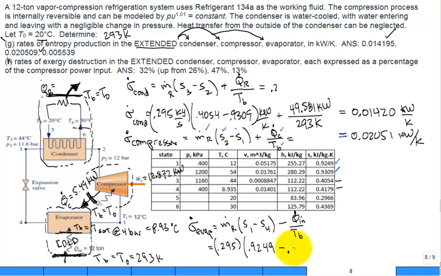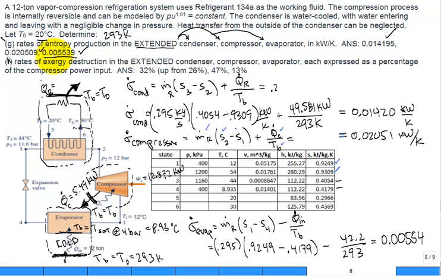S4 is right here. 0.4179 minus the Q dot coming in, 42.2 divided by 293, and we calculate 0.00554, close enough. All right, so that's our rate of entropy production in the extended evaporator.